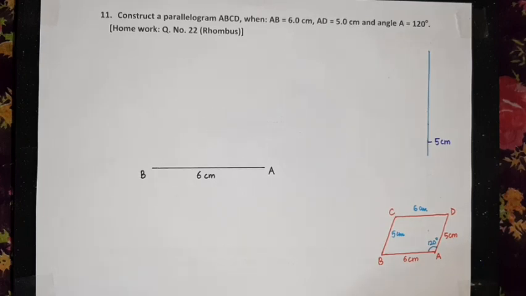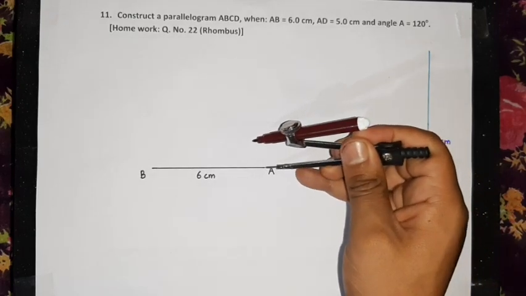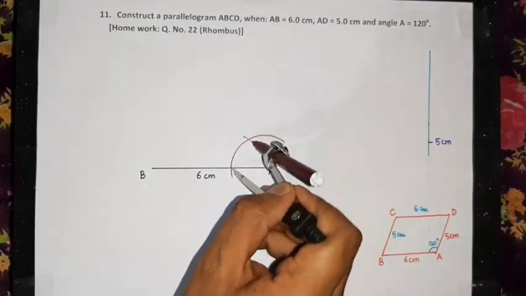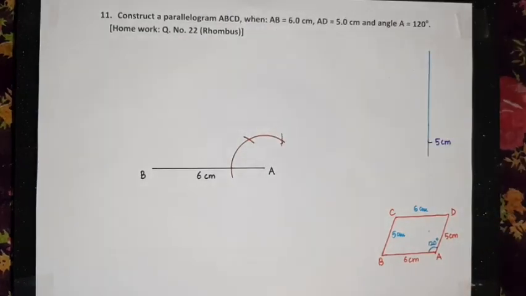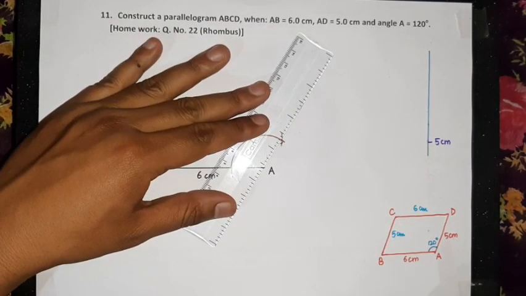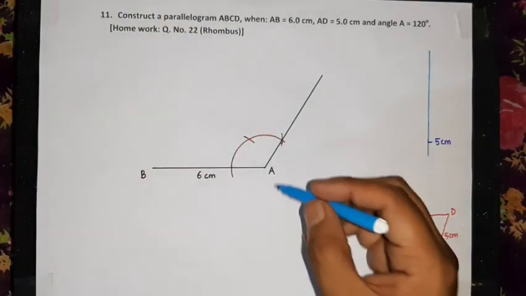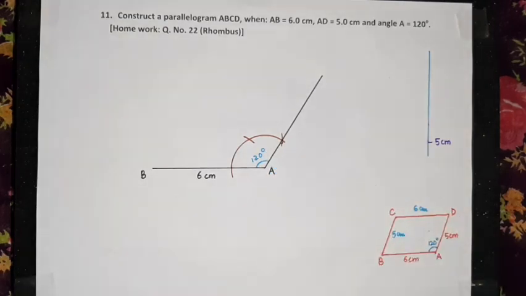Okay, now let us begin with our work. Here it is said that at A my angle is going to be 120 degree. So that's why at A let us construct a 120 degree angle. Now this angle is 120 degree, so you will mark it 120 degree.